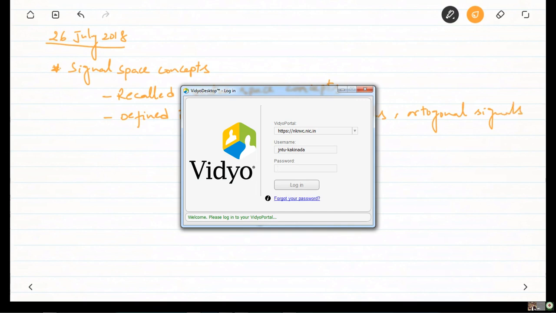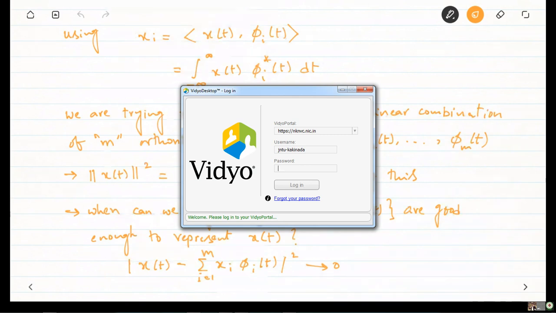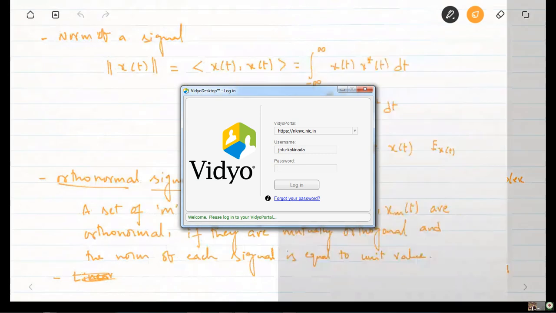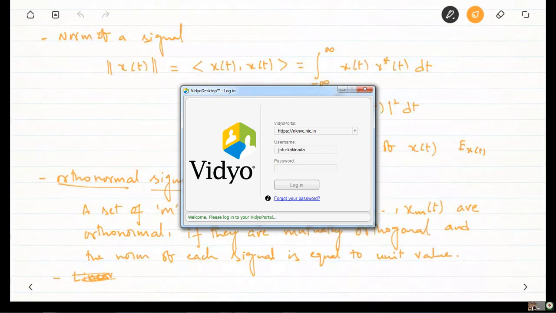While doing so, when I went back and looked at the notes, I found one mistake that I made. When we defined the norm of a signal x of t in the previous class, we defined that as an inner product, but it should be the square root of the inner product.